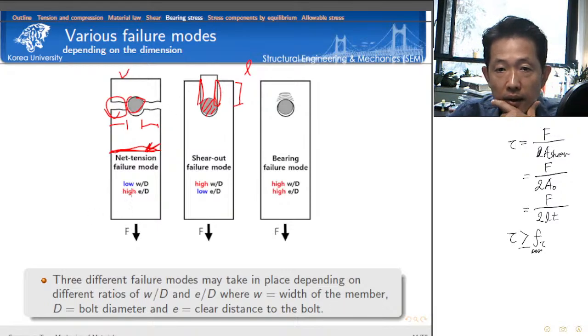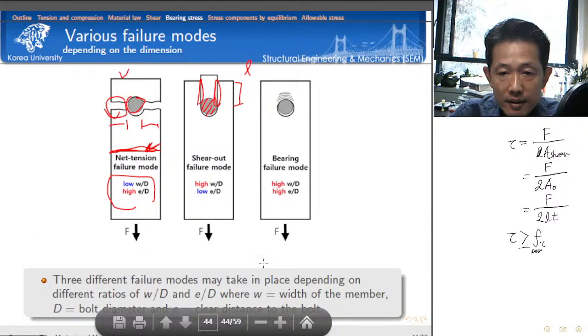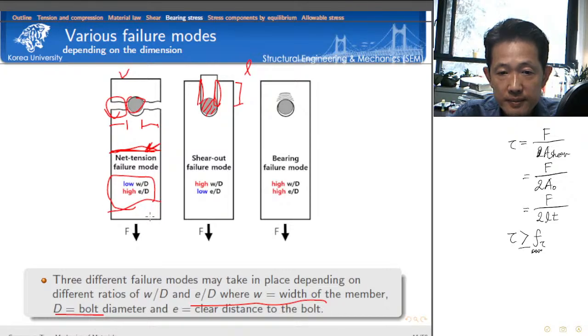Here it describes a certain condition where we have such a problem. D is the bolt diameter, E is the clear distance to the bolt, and W is the width of the cross section. Here we have tensile failure when the width is small compared to the diameter of the bolt, so we only have a small ligament.